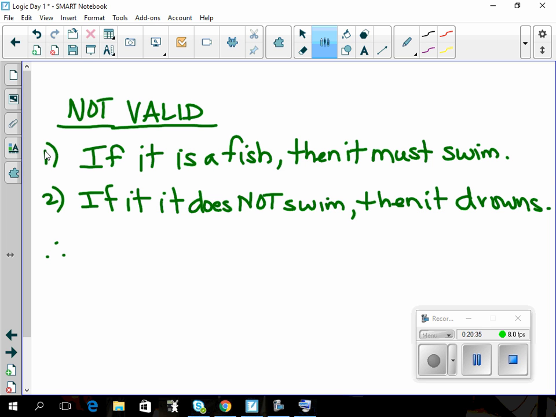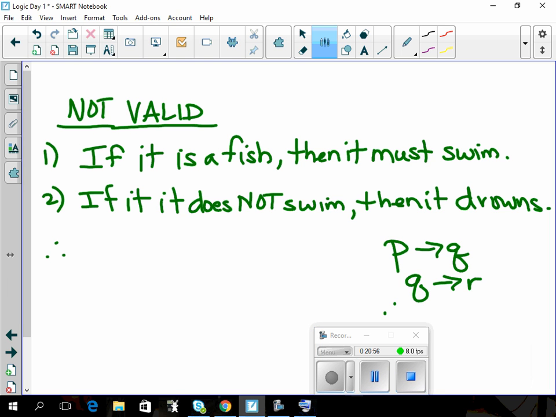Why? Okay, well, you're right, fish are not going to drown, but even if I took that meaning behind it, how is this one supposed to start? Remember that it goes P to Q, Q to R, and then my conclusion should be P to R, right?